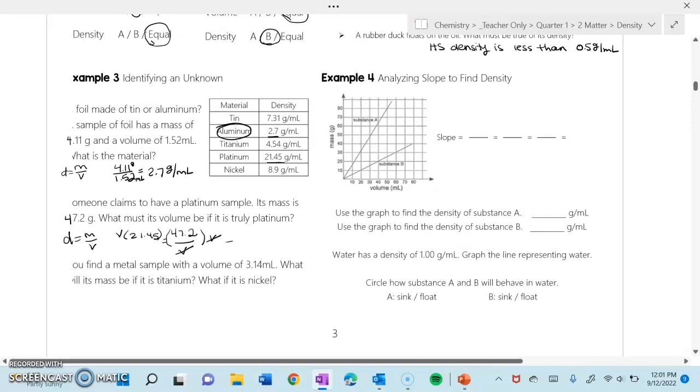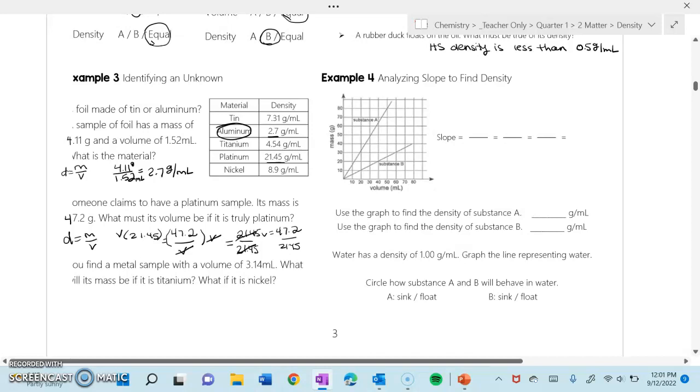And then we're going to have, let's rewrite it here, 21.45 V is 47.2. Solving for V, we divide by 21.45. Again, this is just some algebra skills. Solving for a variable.